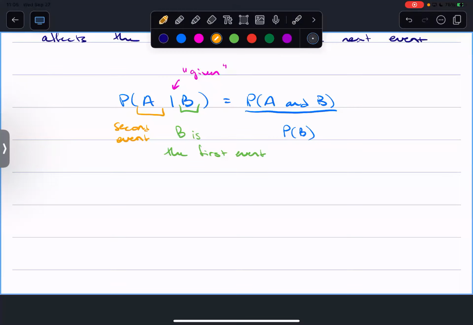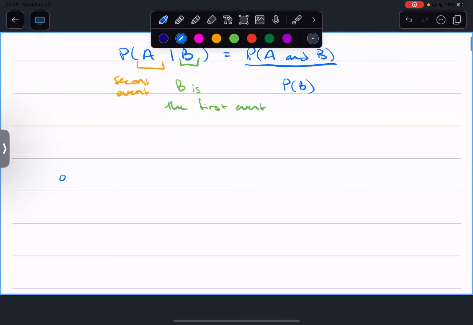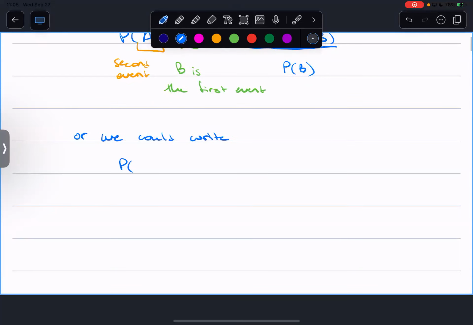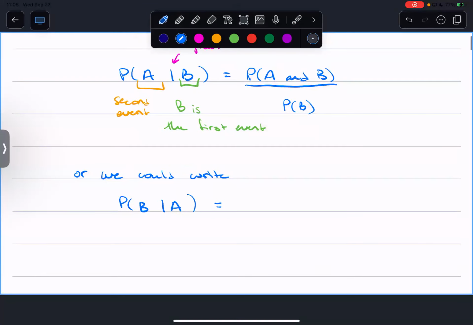So what we could do, or we could write the probability of B given A, then A is the first thing that had to happen and B is the second thing that's going to happen. And we're finding that conditional probability of B. Thinking about the layout of the formula though, the top is the same, right?